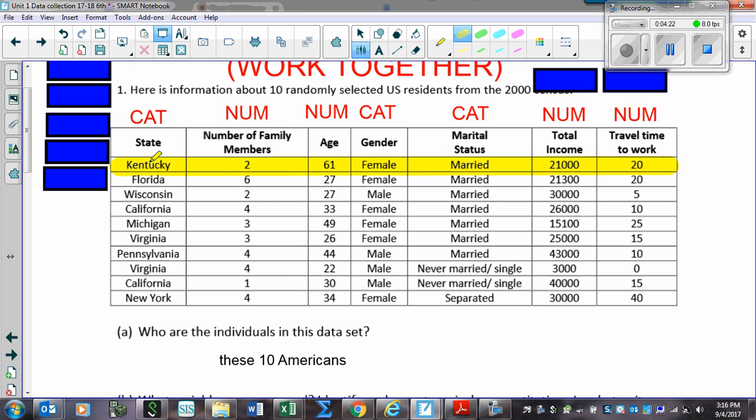They're living in Kentucky. This lady makes $21,000 a year and travels 20 minutes to work. So we can find out a little bit of information right away with just these 7 things and get an idea of what this person's life is like.